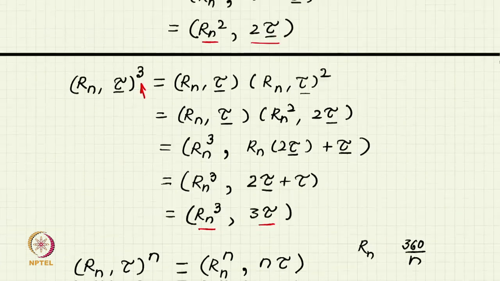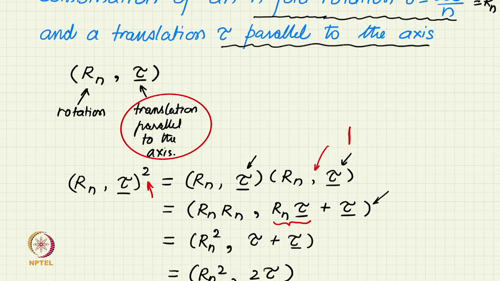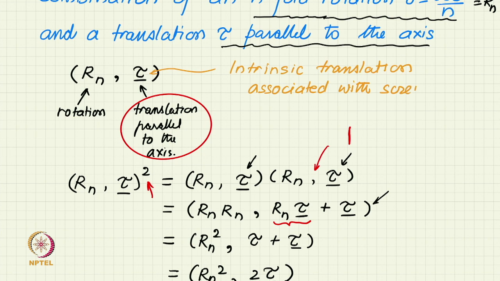Tau was the intrinsic translation associated with the screw operation, and sometimes it is also simply called pitch, just like we use it in engineering for the pitch of a screw.